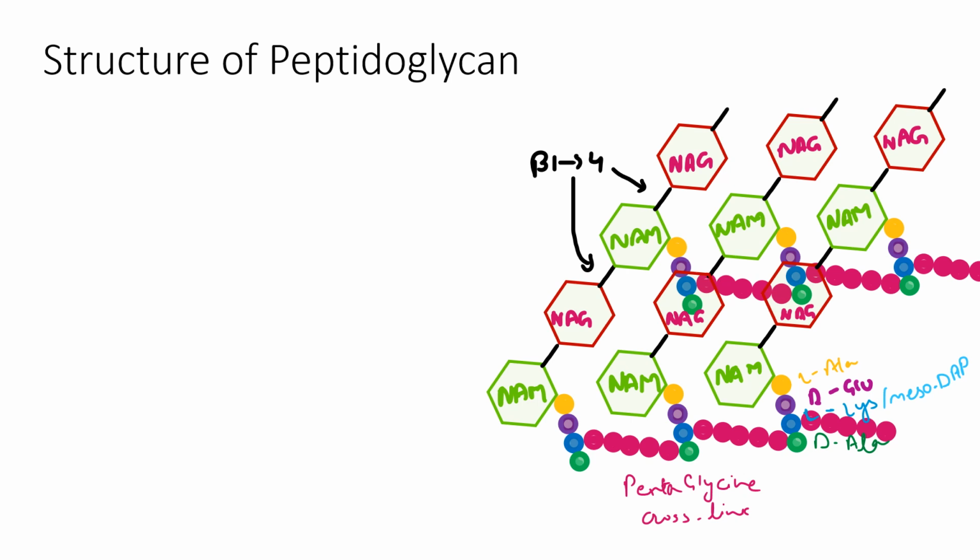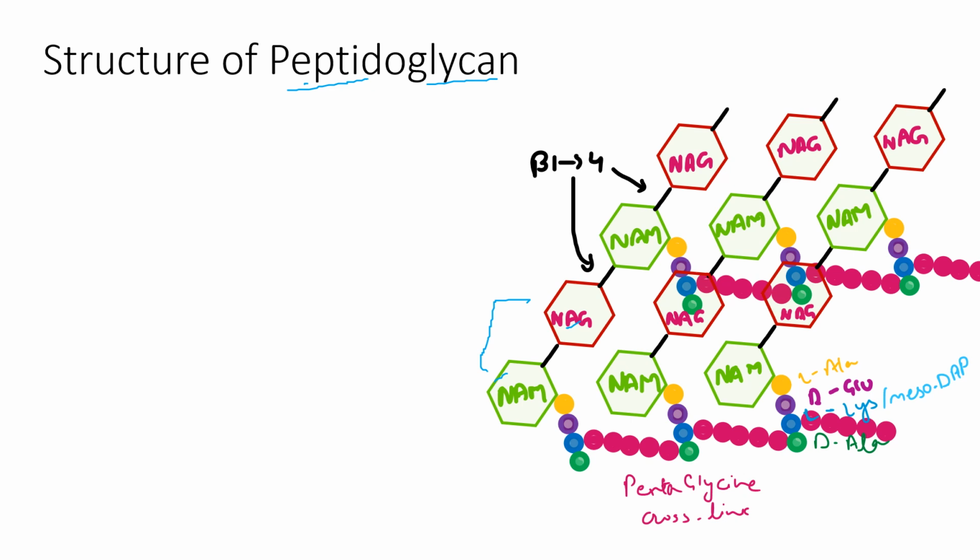Now coming to the structure of peptidoglycan. Peptidoglycan, as the name suggests, has two parts, peptide and glycan. The glycan part is made up of two monosaccharides, NAM and NAG. This is the repeating unit present in the peptidoglycan.